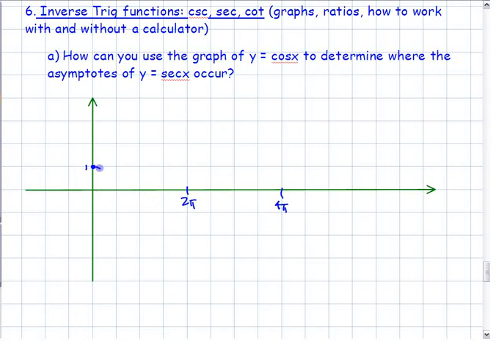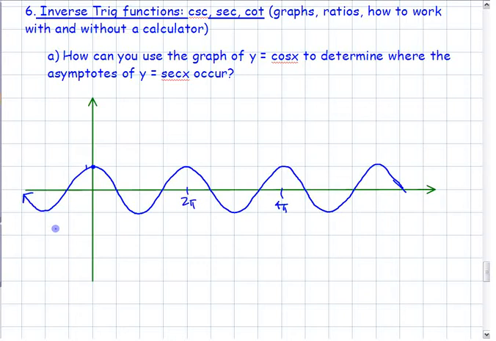So the graph of cosine goes down like this, there's one cycle. Same thing happens again, and it keeps going like this.